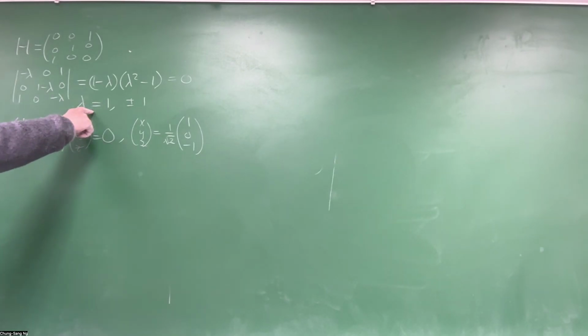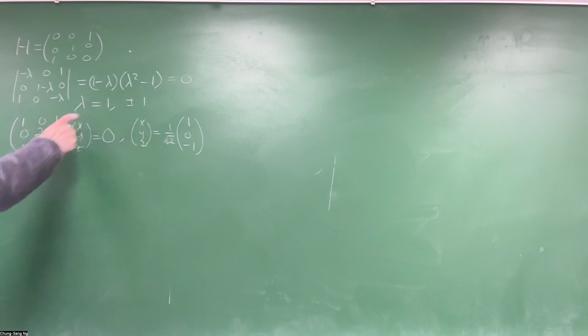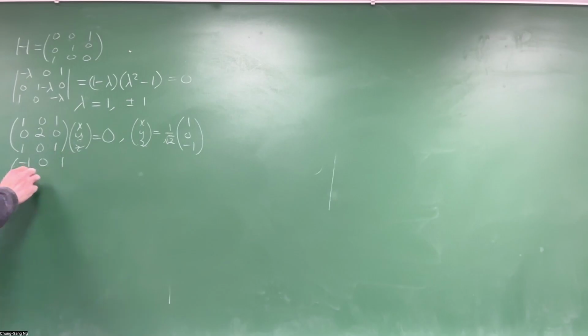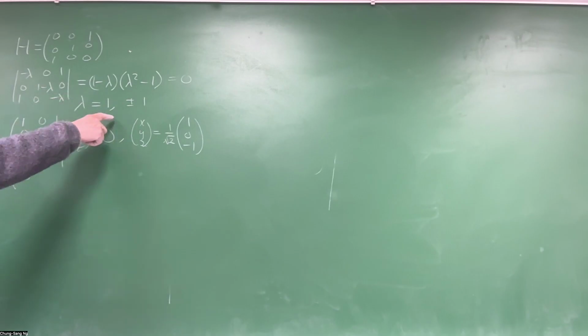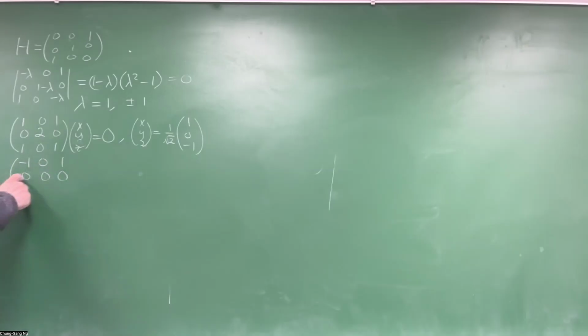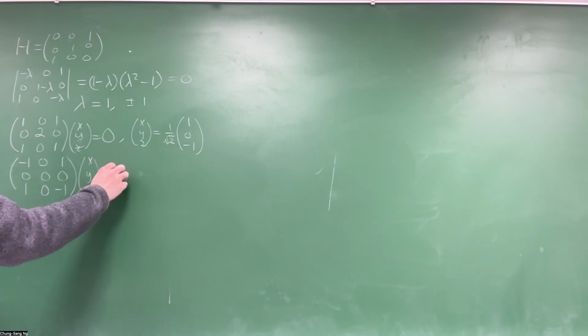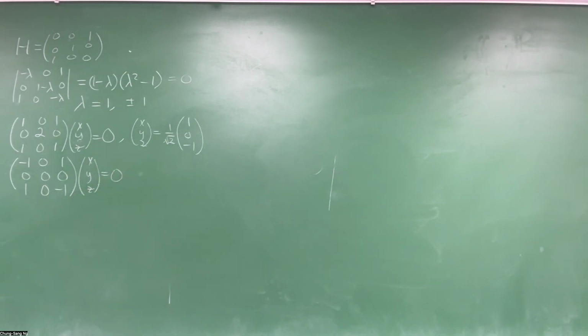Now that's for the degenerate eigenvalue. Lambda is 1, so it's minus 1, 0, 1, 0, 0, 0, 1, 0, minus 1. The whole middle row is 0, and x, y, z is 0. Right? The first and the third equations will give you x equals z, and y becomes arbitrary.